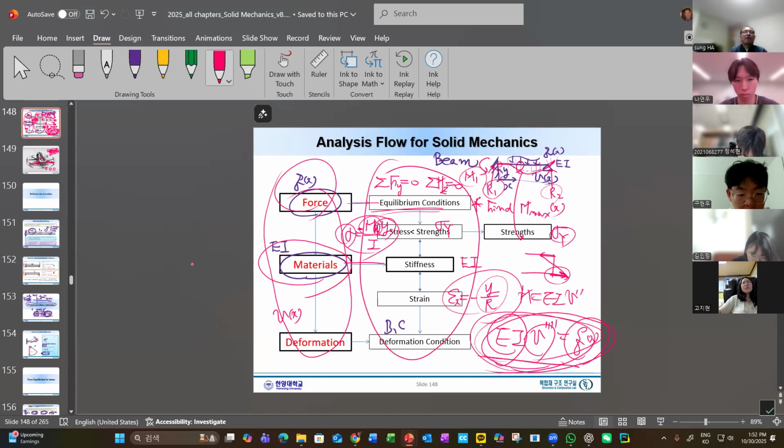We already have everything here. To make the whole procedure very, very simple, one equation is like that. This is the really strong message I'd like to emphasize, with the understanding of the whole picture in mind: you solve this differential equation. That's it.